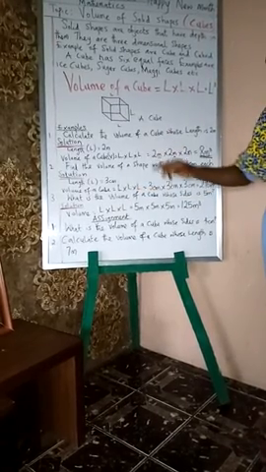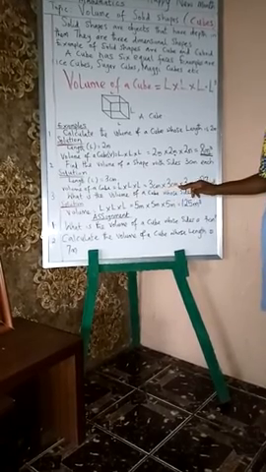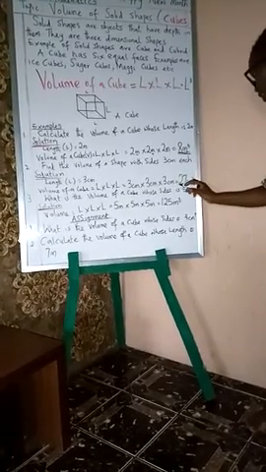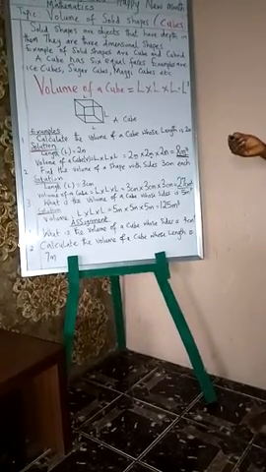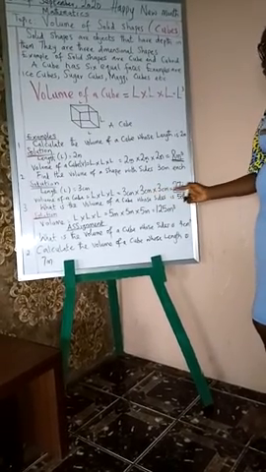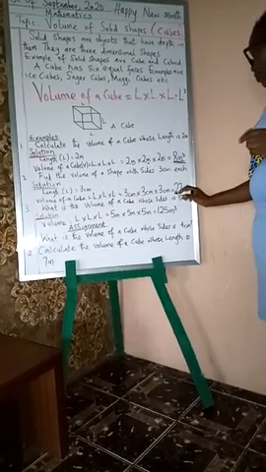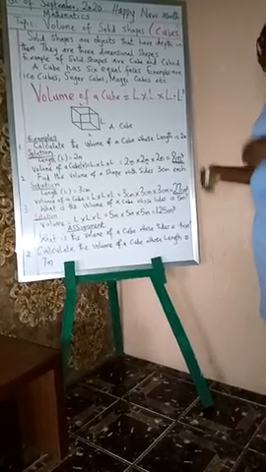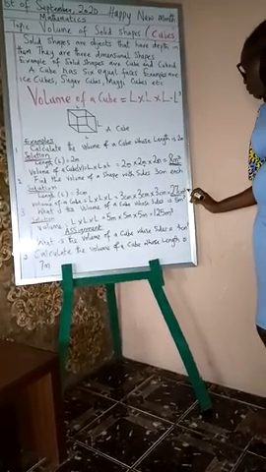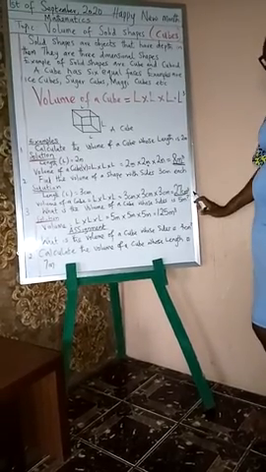Now, substituting that, we have 3 centimeters times 3 centimeters times 3 centimeters, making 27 centimeters cube. How do I get 27? Remember from indices, 3 times 3 is 9. 9 times 3 gives you 27. So the volume of the cube is 27 centimeters cube. If I say my answer is 27 centimeters, I am wrong if I don't put my cube. Okay? So you must always put the cube.